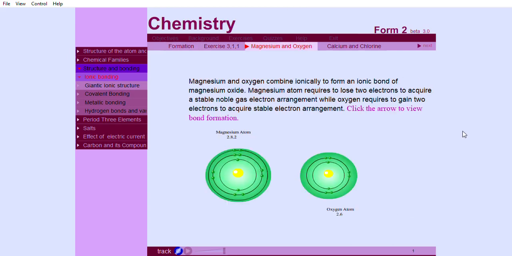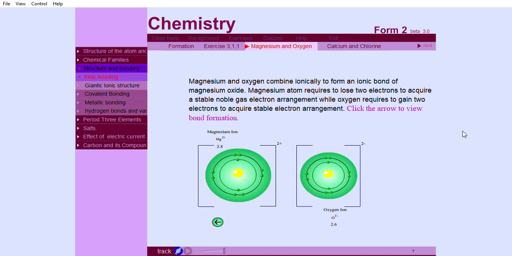Magnesium and oxygen combine ionically to form the ionic compound magnesium oxide. Magnesium atom requires to lose 2 electrons to acquire a stable noble gas electron arrangement, while oxygen requires to gain 2 electrons to acquire a stable electron arrangement. 2 valency electrons are transferred from magnesium atom to oxygen atom, leading to formation of magnesium ion with a charge of positive 2, while oxygen atom gains the 2 electrons, forming oxygen ion with a net charge of negative 2.